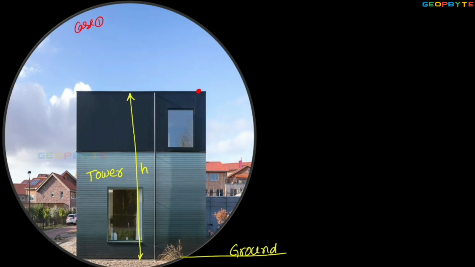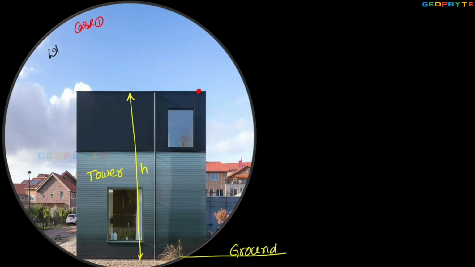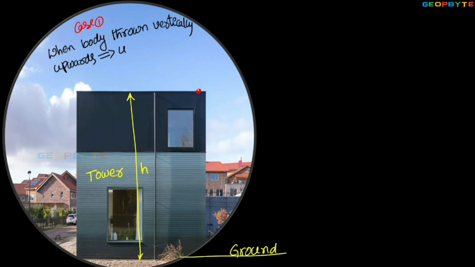Case 1 is when the body is thrown vertically upwards with a speed u. Then it is like this. With a speed u, the body is moving vertically upwards up to a certain height.